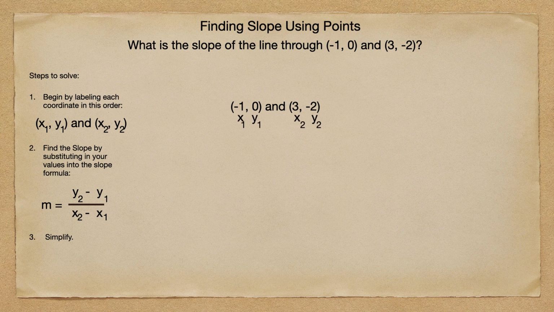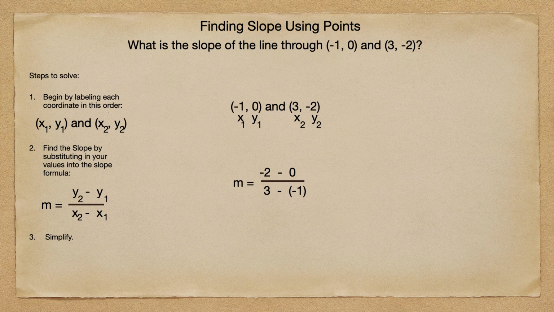We're going to find the slope by substituting those values into the slope formula. M equals y sub 2 minus y sub 1 over x sub 2 minus x sub 1. That will leave us with -2 minus 0 and 3 minus -1.